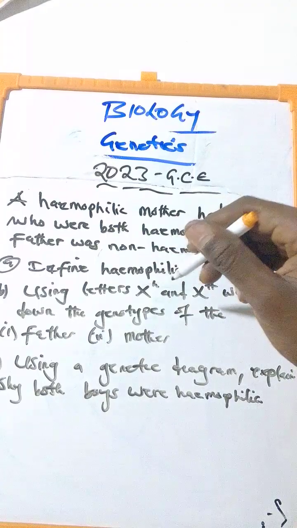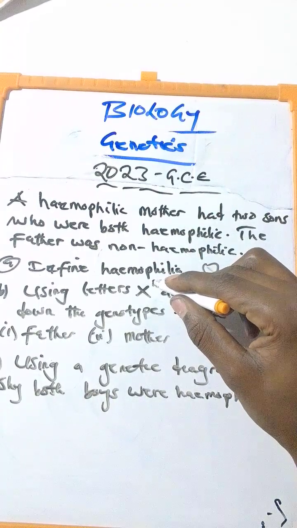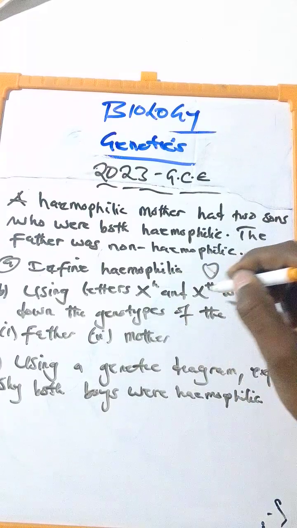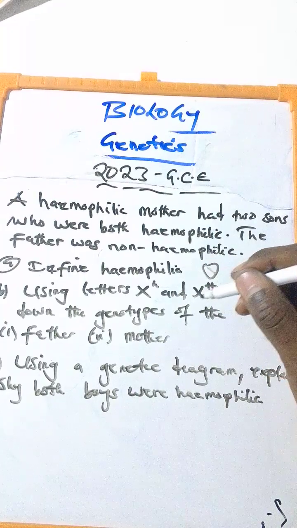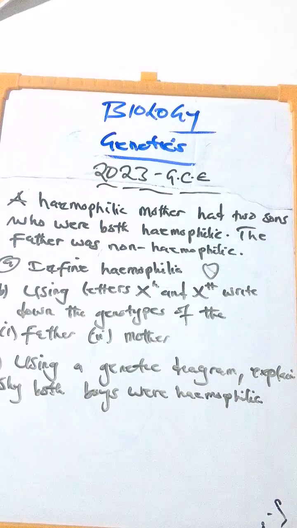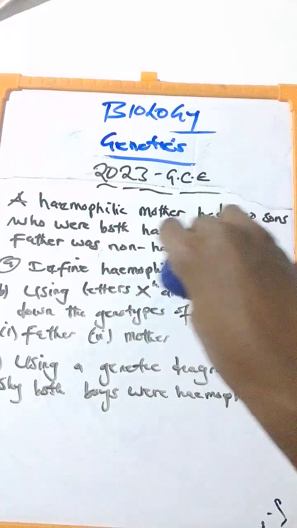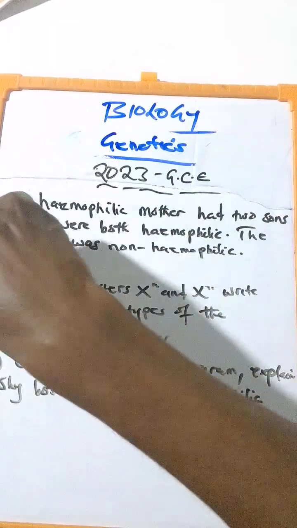Now B, using the letters X with a superscript small letter h and X with a superscript capital letter H, write down the genotypes of the father and the mother. Let me create space here by removing this part so that I can use it to explain.